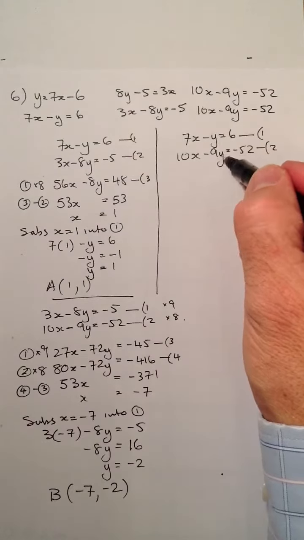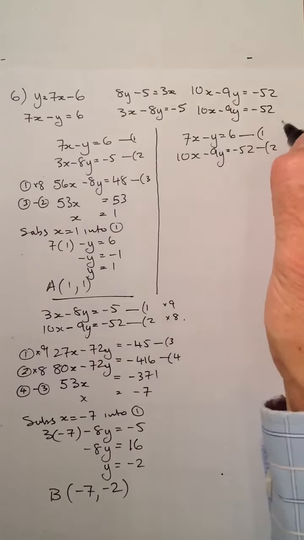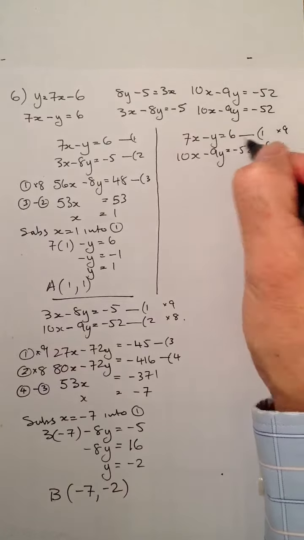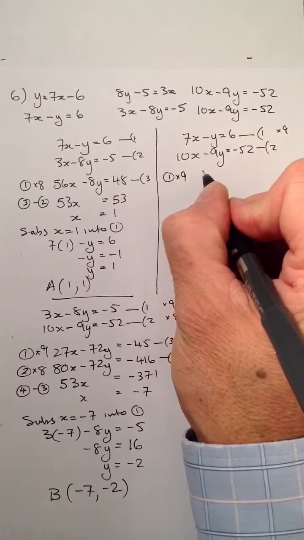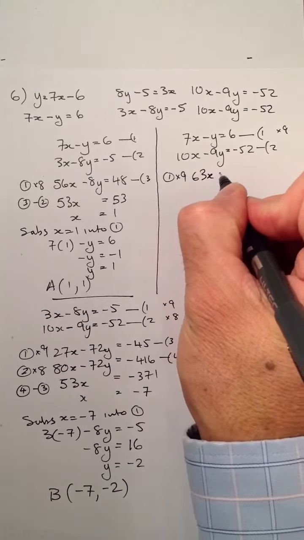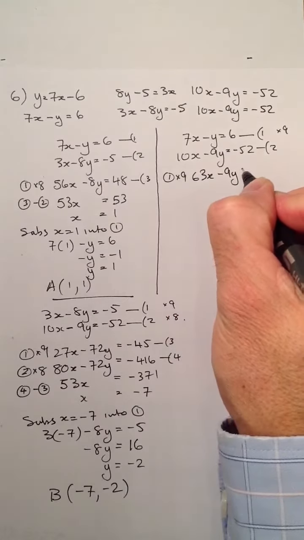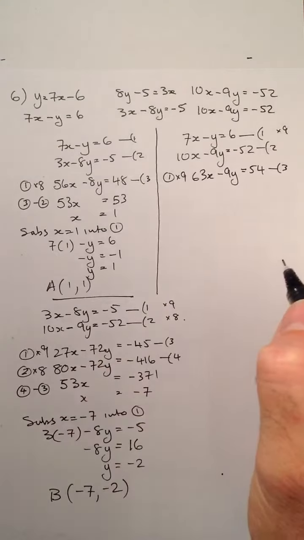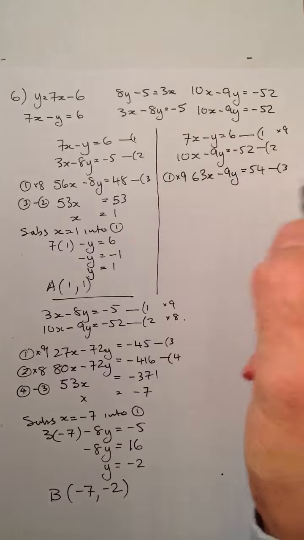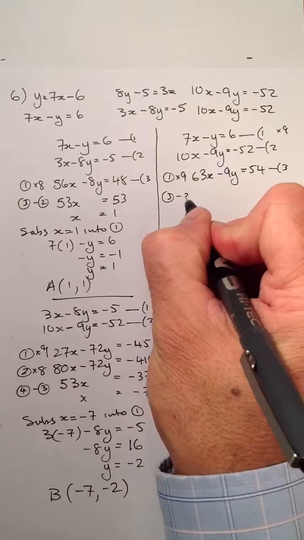To eliminate the y, I'll multiply equation number 1 by 9. So equation number 1 times 9 should give me 63x minus 9y, and that's equal to 54. That's now my equation number 3. To eliminate these, I'll go for 3 take away 2.